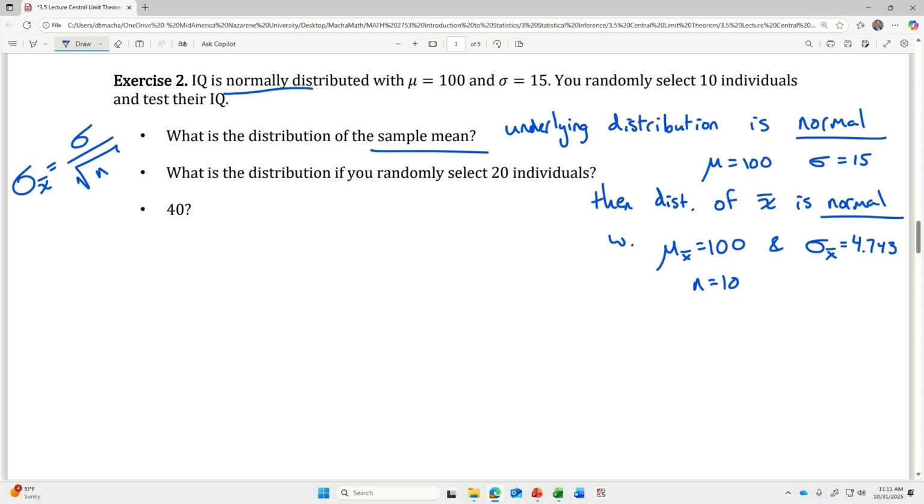You got to use this formula. This says you take the standard deviation, which is 15, and then divide by the square root of n. N is your sample size, and my sample size is 10 in this problem. So is that just the answer to the first bullet point? Mm-hmm. Okay.